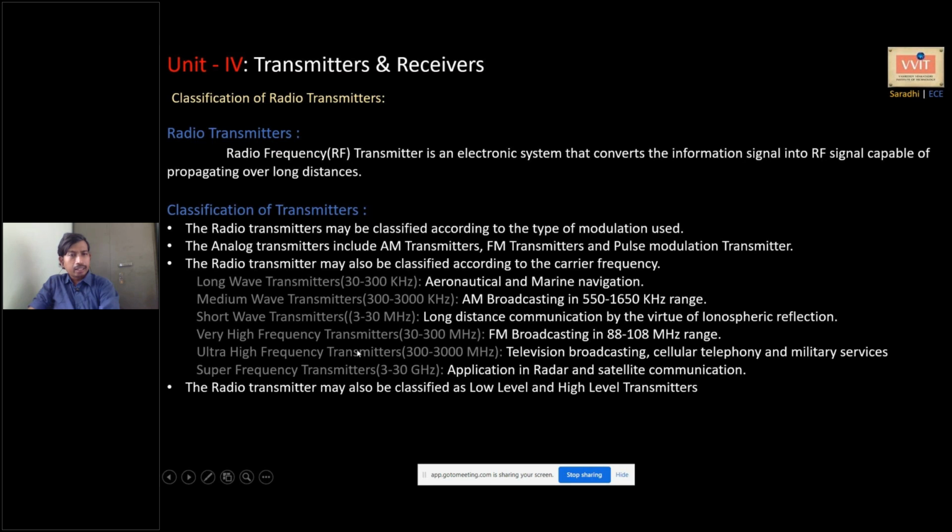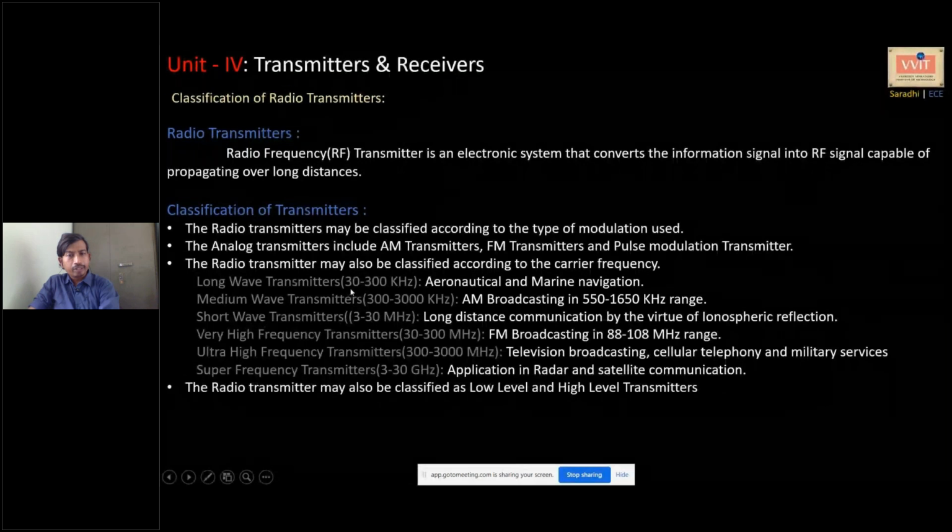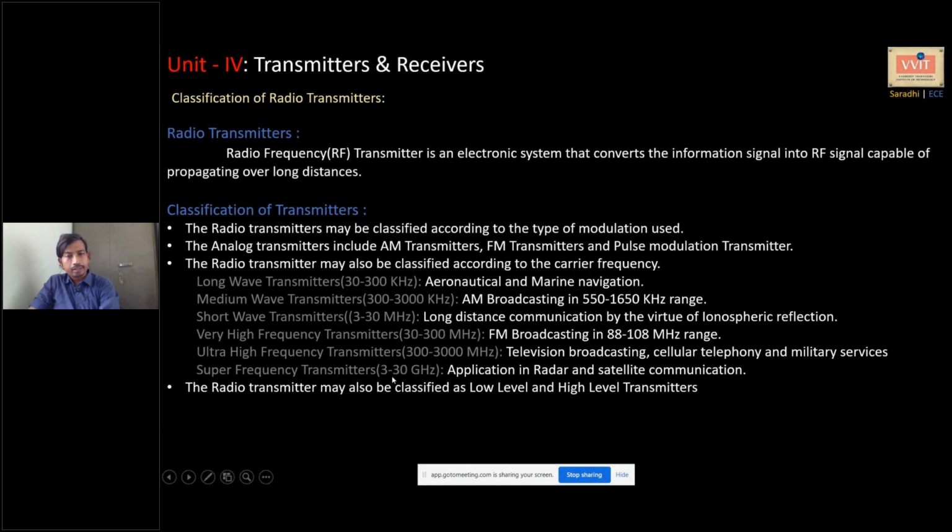We have designated these ranges of frequencies with names like very high frequency VHF, ultra high frequency UHF, and SHF, super high frequency transmitters, in the order of gigahertz, 3 to 30 gigahertz, with applications in radar and satellite communication. Another category of classifying radio transmitters is based on where the power is enhanced, at what location along the generation path: low level transmitters or high level transmitters.